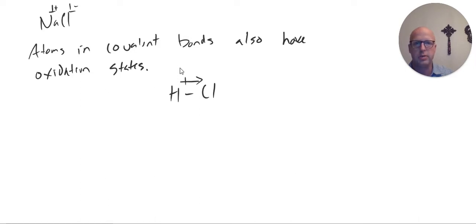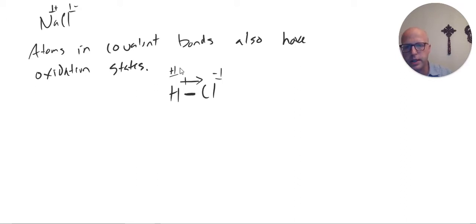There's an unequal sharing of the electrons. What that leaves us with is hydrogen has a +1 oxidation state, not a charge, because there's a covalent bond and it's still sharing those electrons, and chlorine has a -1 oxidation state. So it's an assumed charge. It's not a real charge, it's an assumed charge.